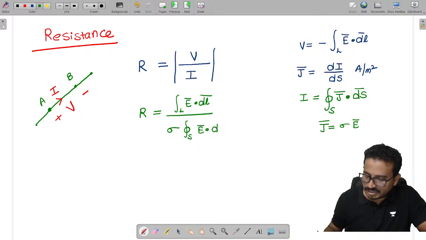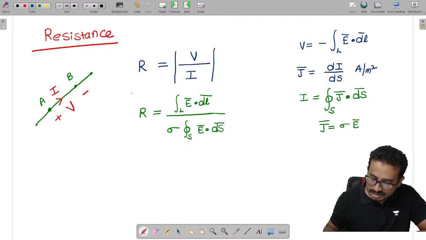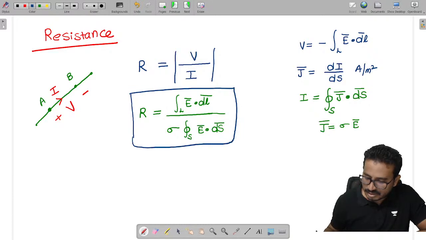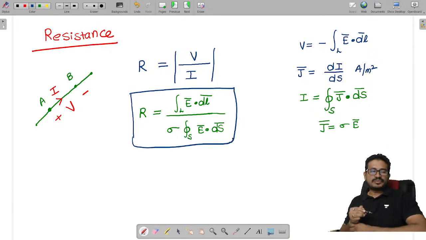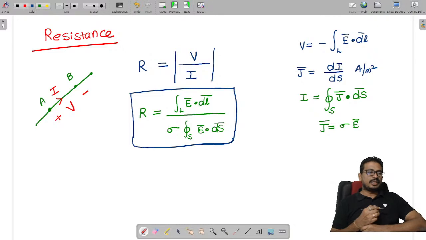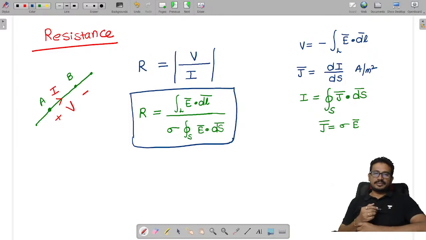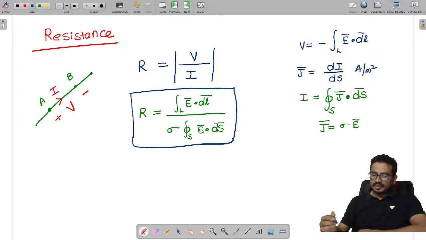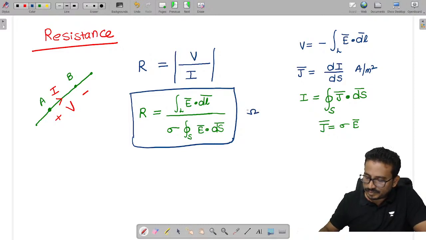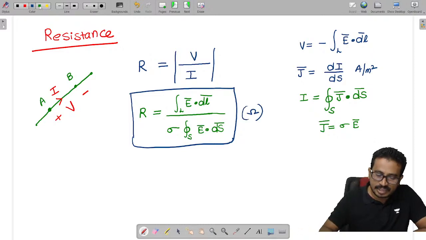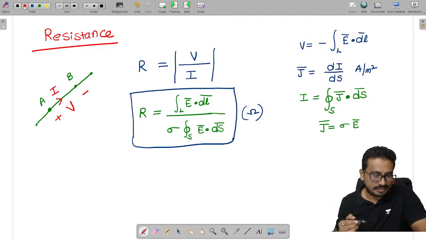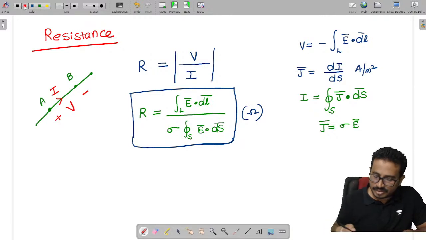This is the general formula which we use to find the resistance of any type of material, with the units of ohms. So here also you can see the magic. Here also you can see this magic.